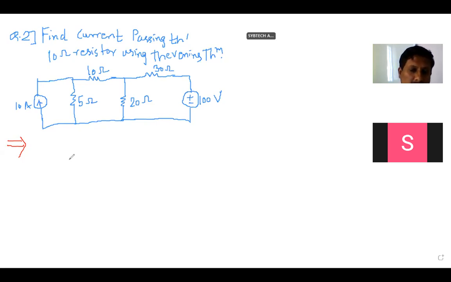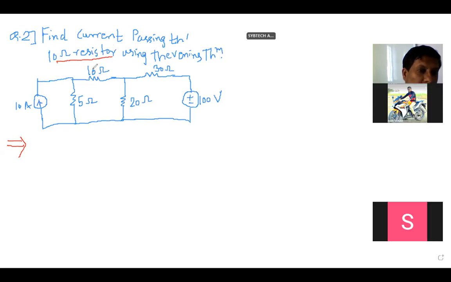Names you can give whatever. Read the question here. Find current passing through 10 ohm resistor. So the 10 ohm resistor acts as the load resistor. Between which two points is it connected? This is the first point and this is the second point. For the first point I will give the name A. For the second point I will give the name B.